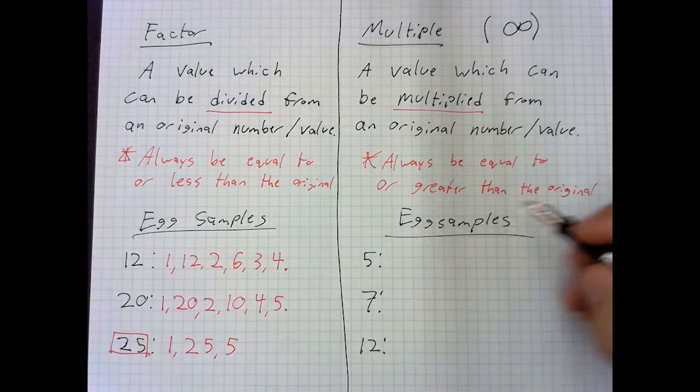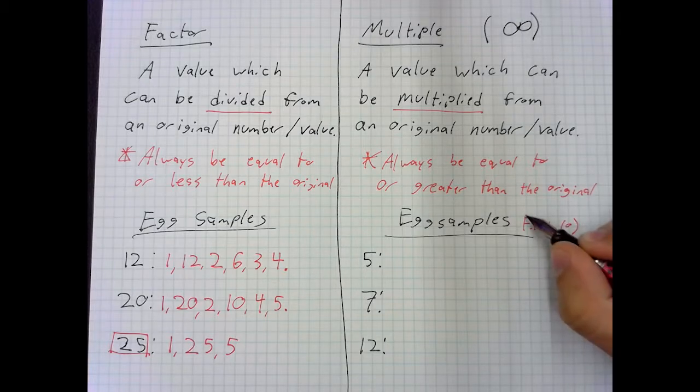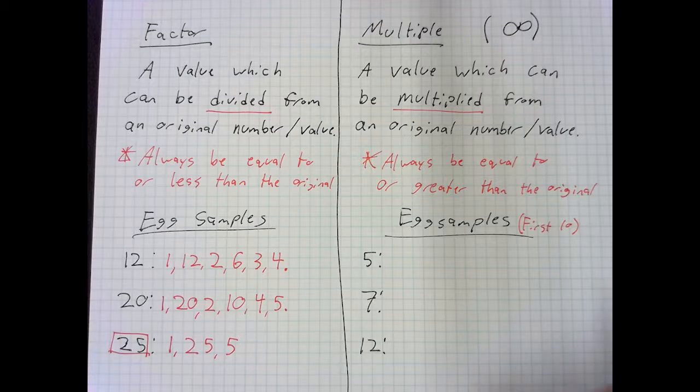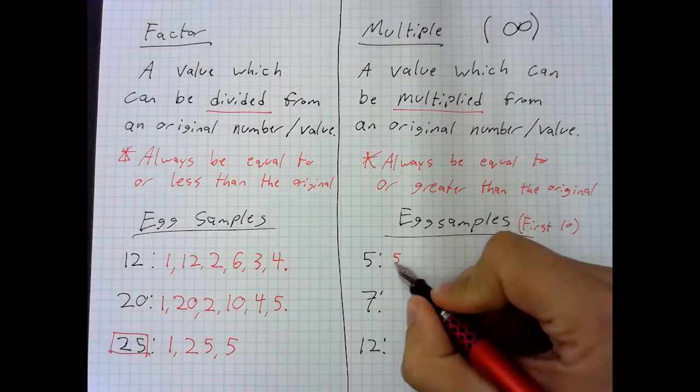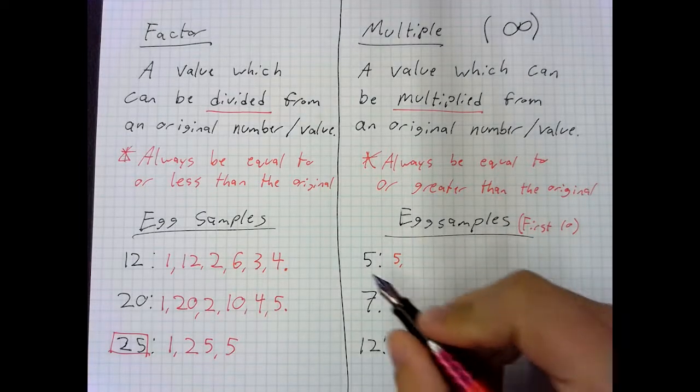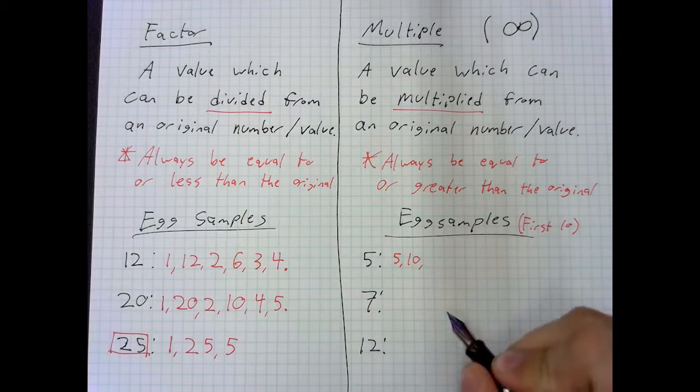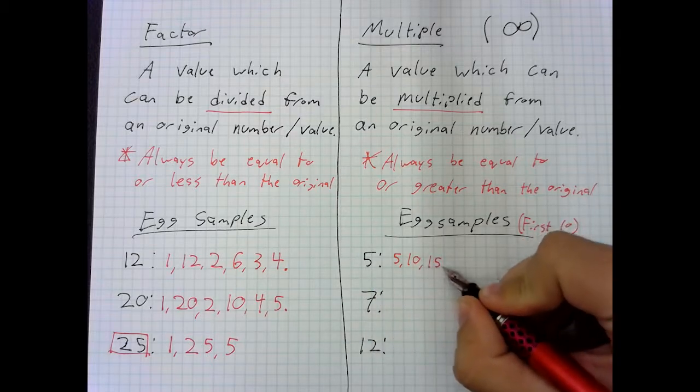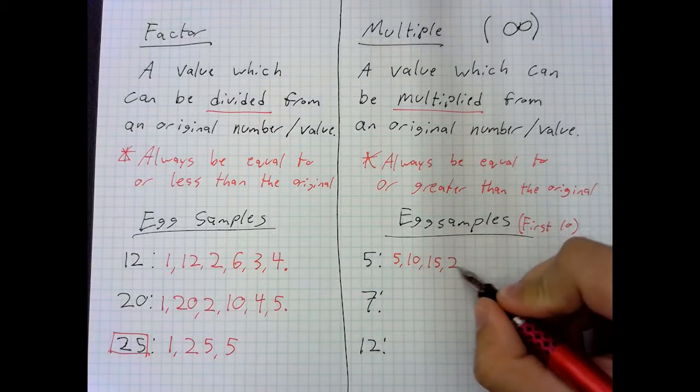For the multiples, let's just go with the first 10. So just the first 10 for 5. You'll find this one to be kind of easy. So the first 10 multiples of 5 will be 5, because that's 5 times 1. Then we do 5 times 2, 10. 5 times 3, 15. 5 times 4, 20.